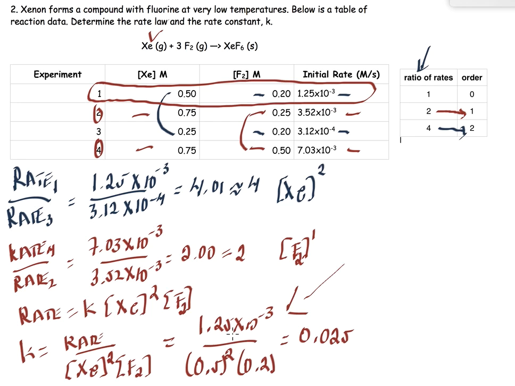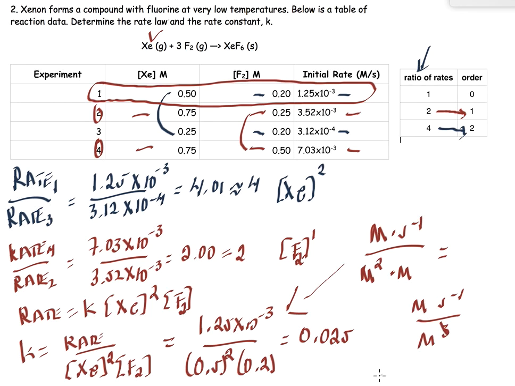Let's look at these numbers here and write those in. So 1.25 times 10 to the minus 3, that's molarity per second, or just molarity times second to the minus 1. In the denominator, we have the xenon squared, so molarity squared, times the fluorine concentration in molarity, so times molarity. So what that gives us is molarity times second to the minus 1 over molarity cubed, right?